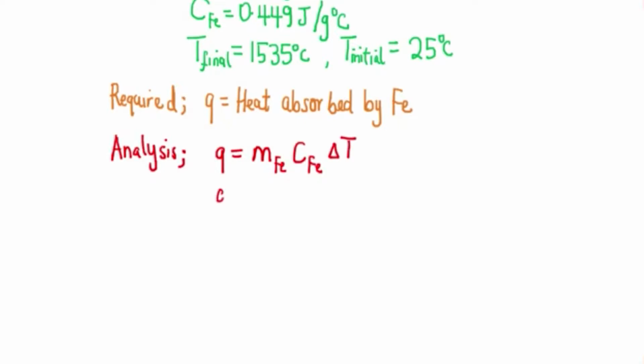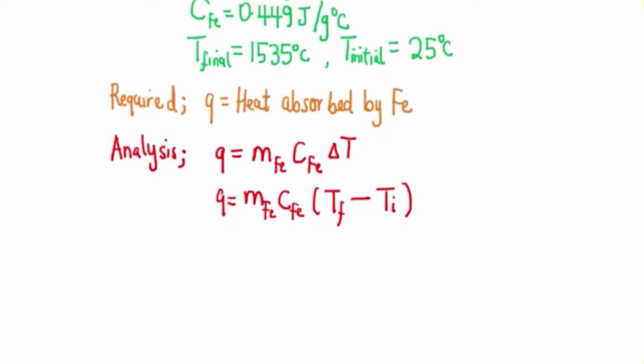Take note that the temperature change is in degrees Celsius, not in Kelvin, because the unit in the specific heat capacity is in terms of degrees Celsius with respect to the temperature.